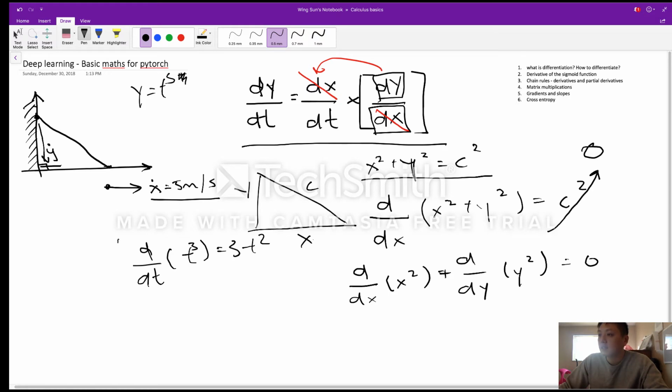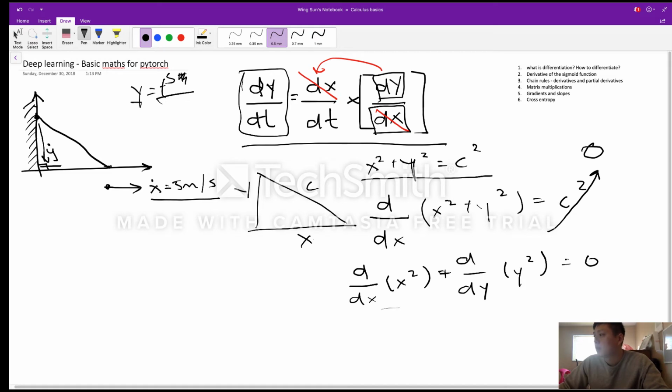This is equivalent, just a shorthand of writing this instead of that. I hope you can see the difference, and that this makes sense, because what I'm trying to do is differentiate each of these with respect to x. I made a typo, so this is x right here.